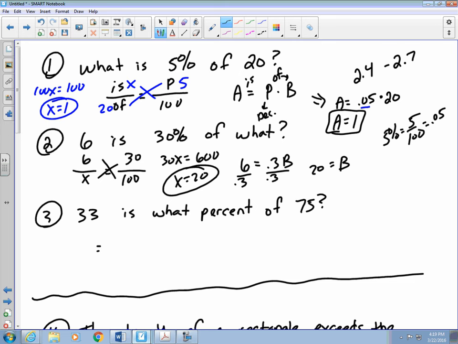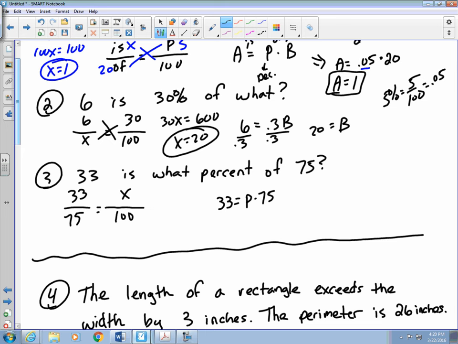One more time. This one here, we want to know percentages. I don't know the percent, but I know the is, and I know the of. Now, the only thing here, if you use the equation, is that you're going to have to get the actual percentage, because when you divide by 75, you're going to get the decimal value of the percent.